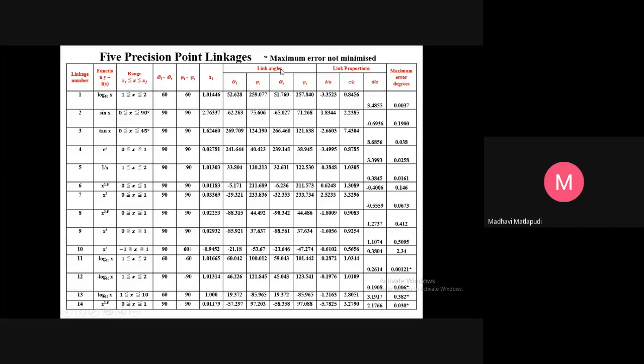Then you have link angles phi 1, xi 1, phi s, xi s, and link proportions b by a, c by a, d by a, then the maximum error in degrees.